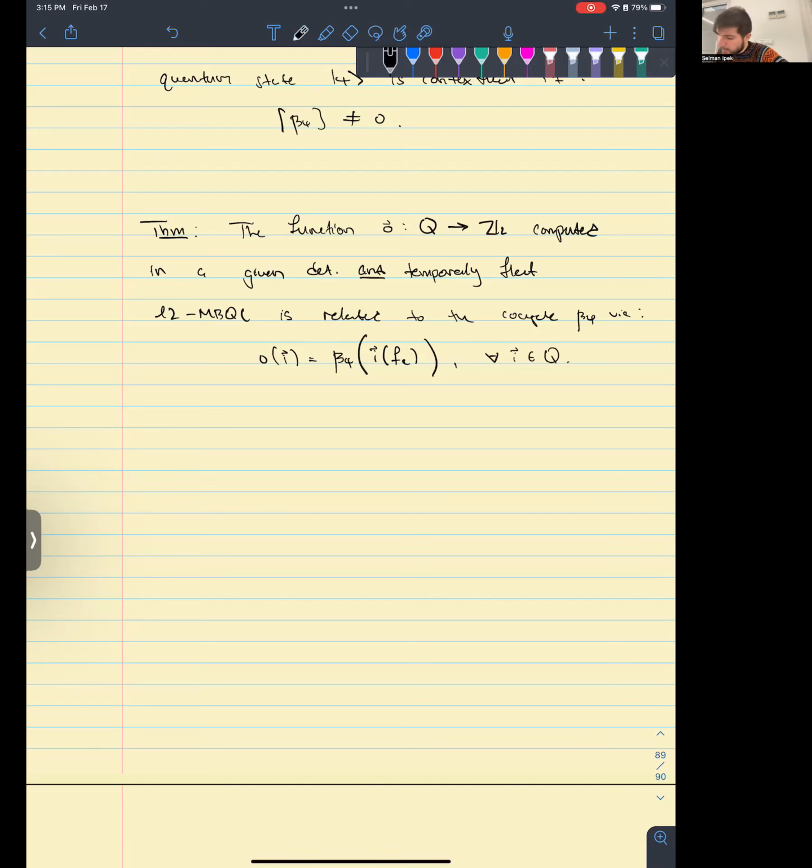More or less, it's saying that the computational output is related to the cocycle beta psi, basically saying that for every face, you get some output, modulo the dependence on I. So for every input, and then restricted to that face, beta psi gives you the computational output. The drawback of this is that beta psi is on its own not a topological sort of invariant.